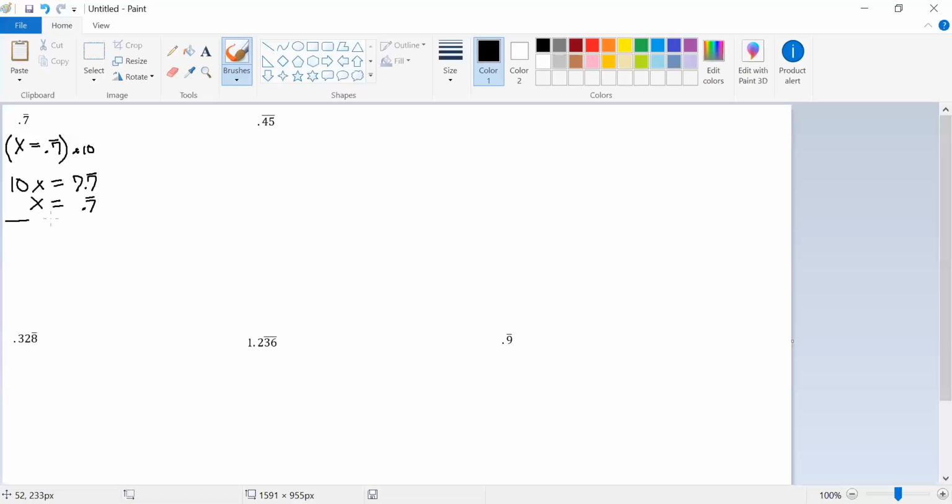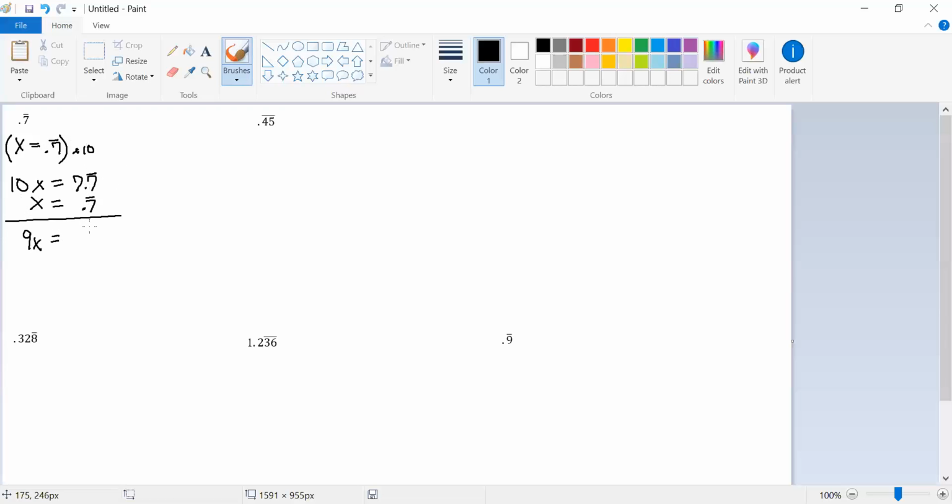I'm often lazy and just draw a line and say I'm going to subtract, but in this one, I'm going to show how it's lined up. So 10x subtracted by x, which is really 1x. So 10x minus 1x is 9x.